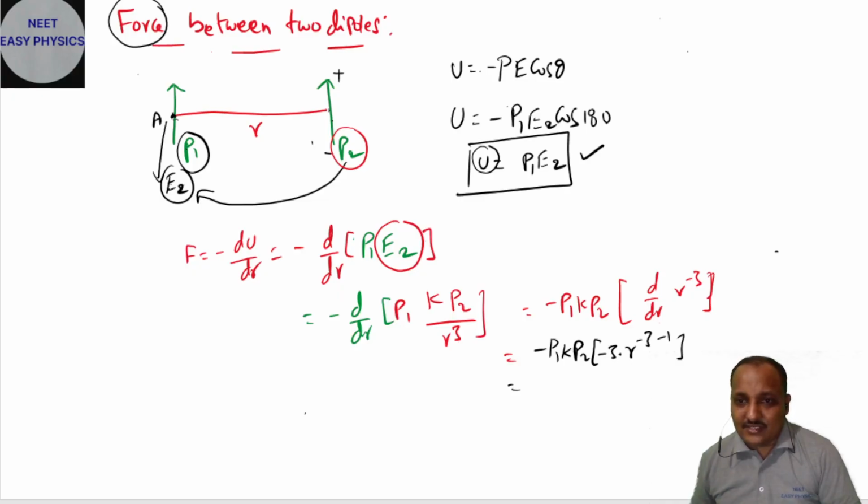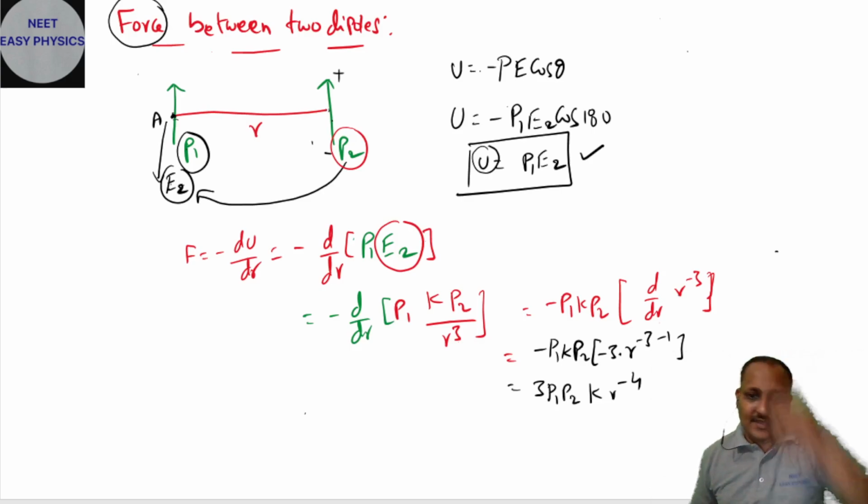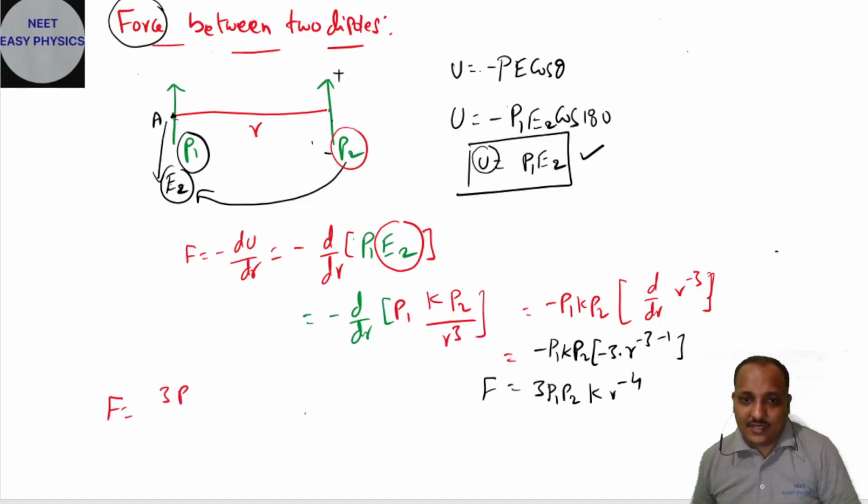Minus into minus is plus. Therefore, 3 P1 P2 K r power minus 4. Now if you write fully, force is equal to 3 P1 P2 by, what is K? We can write 1 by 4 pi epsilon naught into 1 by r power 4.